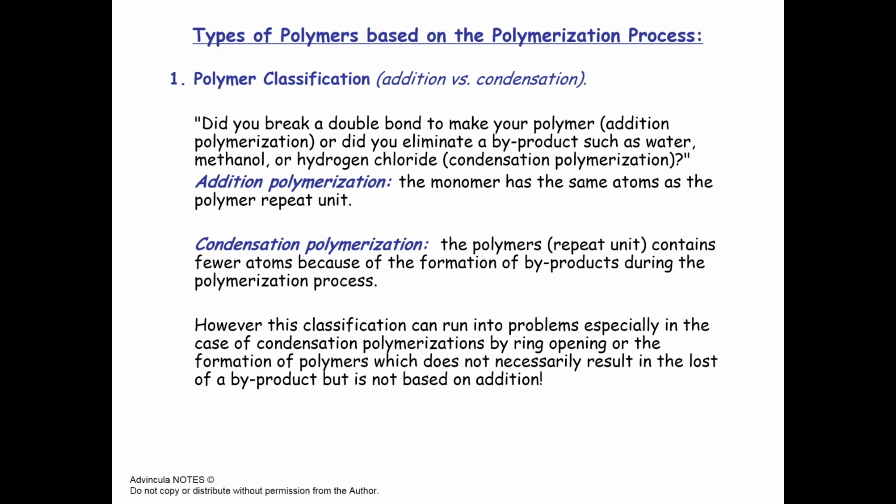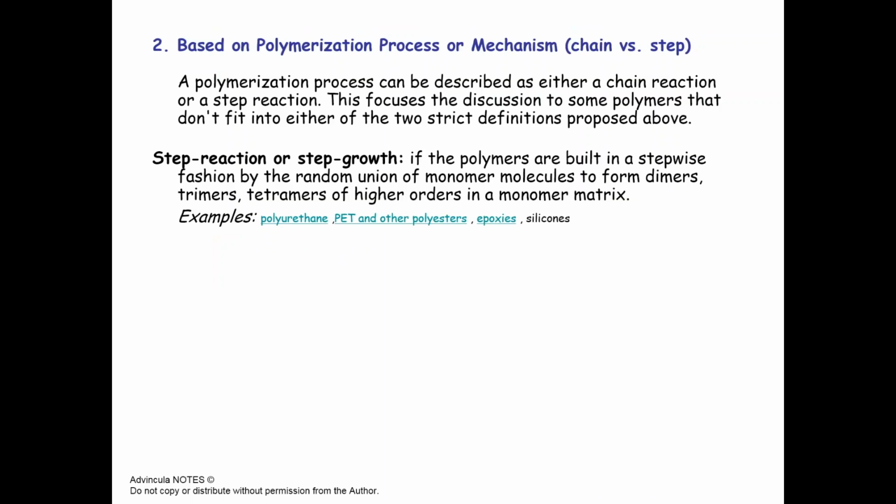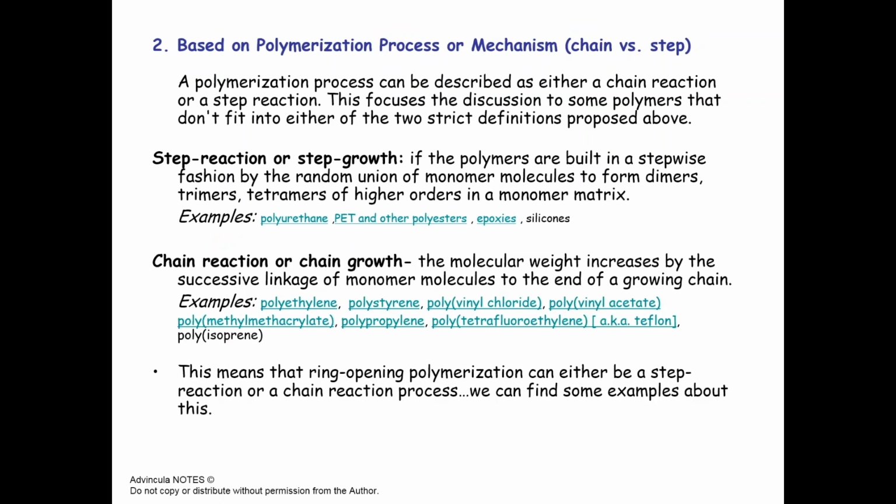In fact, the term condensation polymerization simply means that there's a byproduct or a condensation product that is produced during polymerization. But some polymers do not produce a byproduct, yet follow the mechanism of condensation polymerization. So a better term is based on the mechanism as defined by step growth or chain addition.